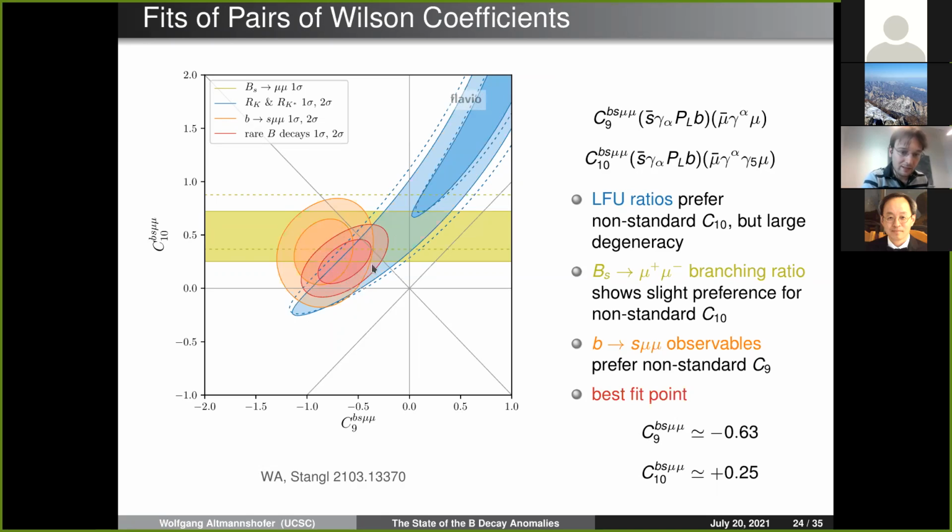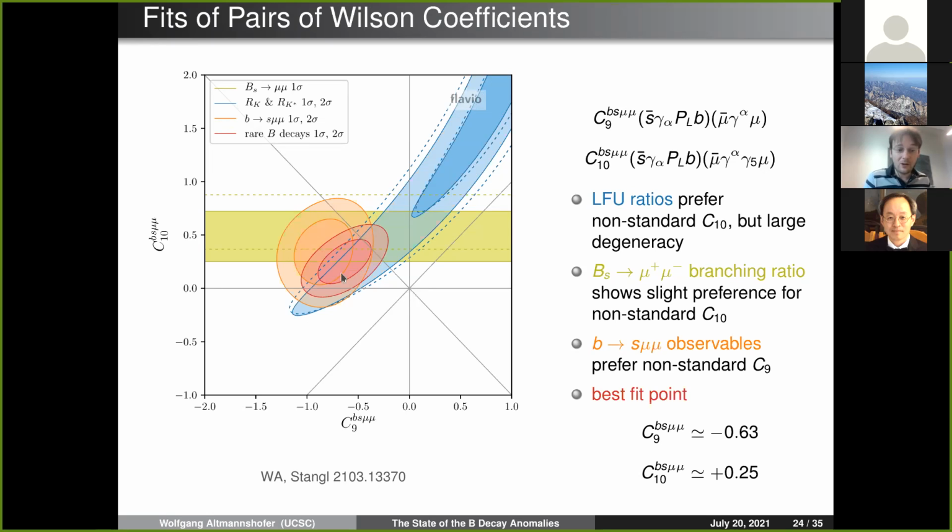And just by eye, if you extend those contours, with a delta chi-squared corresponding to a pull of 1 sigma, 2 sigma, then you get 3, 4, 5. So you get a pretty far distance from the standard model point, which is here at 0, 0.